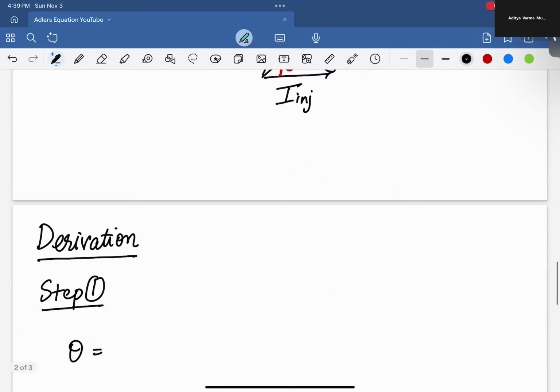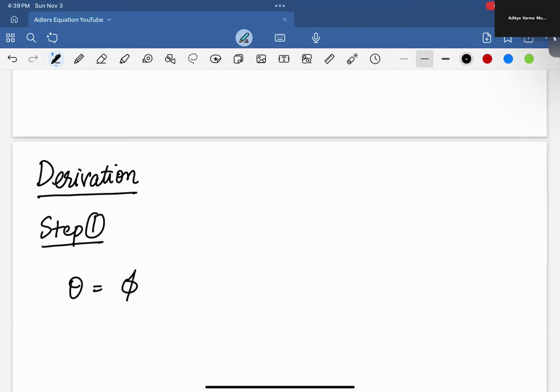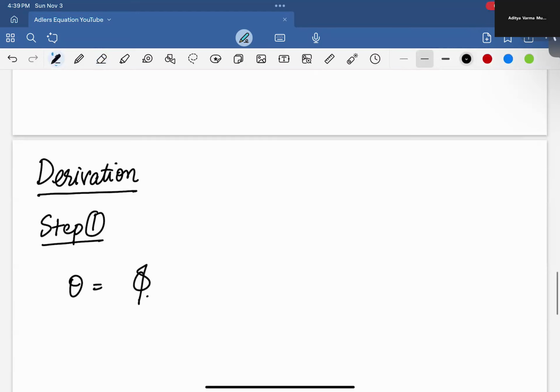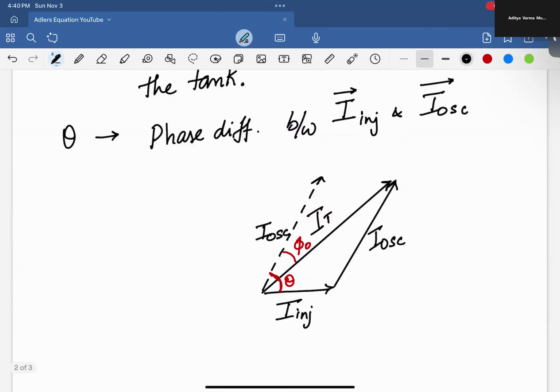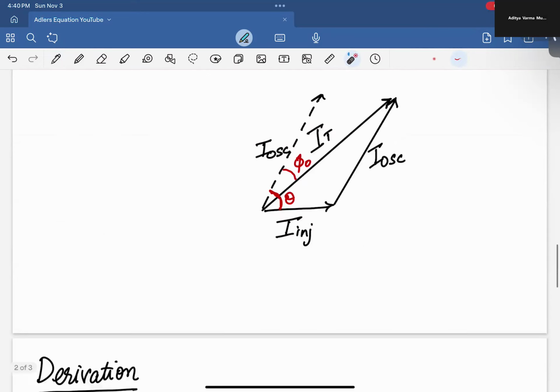So it's the phase of the oscillator minus the phase of the injected signal.